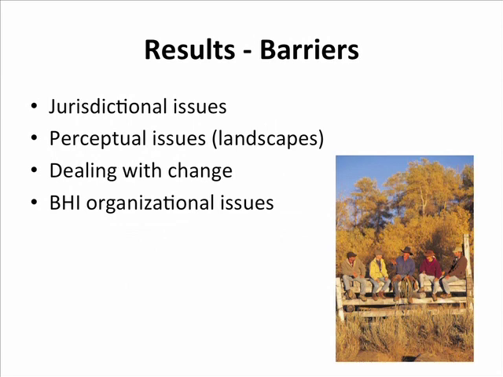The first thing that people identified as a challenge in going through these 3 different phases of development were the barriers that they were facing. Some of them are pretty obvious or common, I guess. Jurisdictional issues. There were some things that they just couldn't address. Ironically, oil and gas development was one of the things that triggered formation of the BHI.